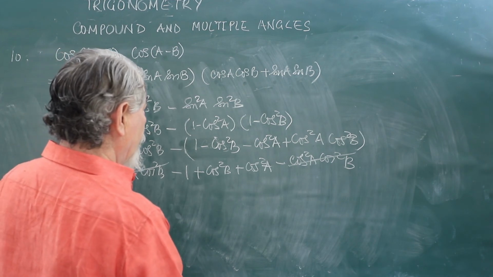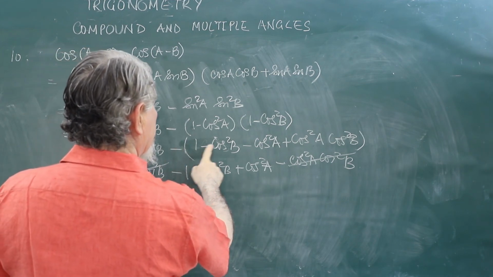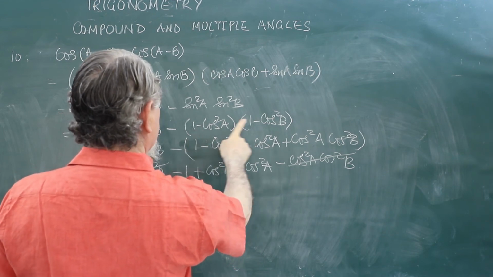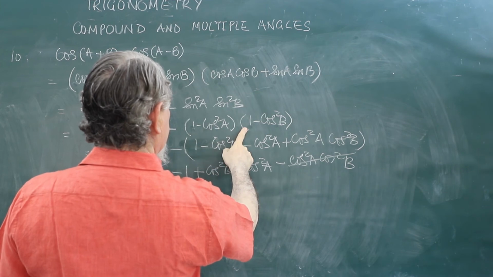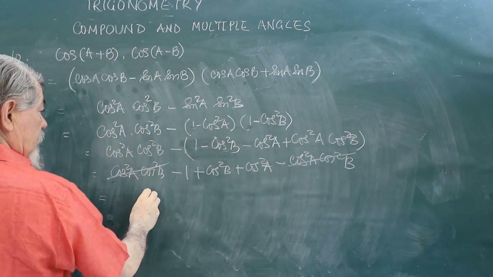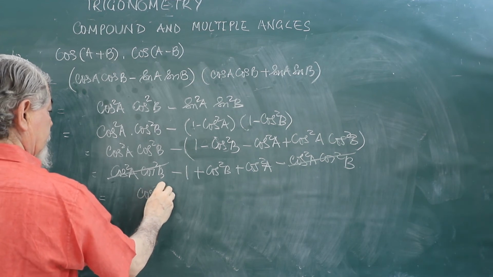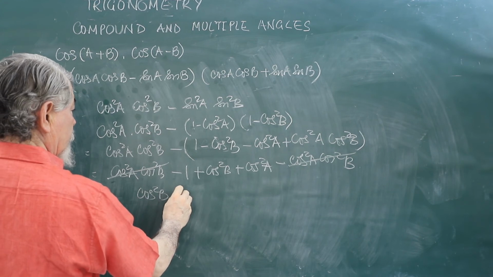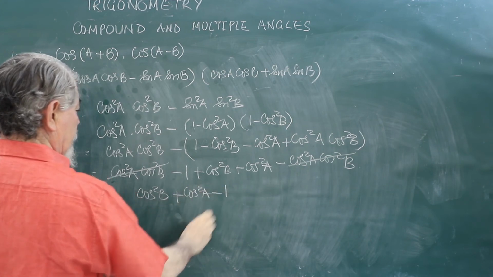There should be a minus 1, and 1 into 1 into this, cos square A. Okay, alright. So we get cos square B plus cos square A minus 1.